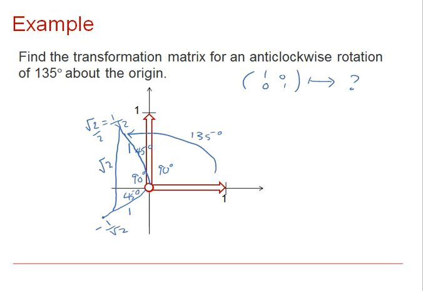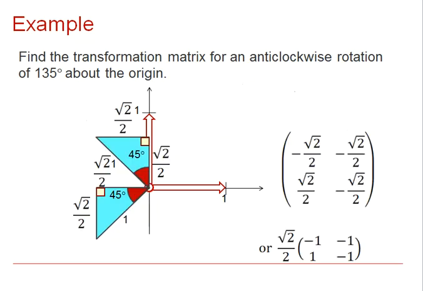Thus, we can work out what the new matrix will be. Minus 1 over root 2 and 1 over root 2 for the x and y values that 1, 0 has mapped to, and minus 1 over root 2, minus 1 over root 2 for the x and y values that 0, 1 has mapped to.